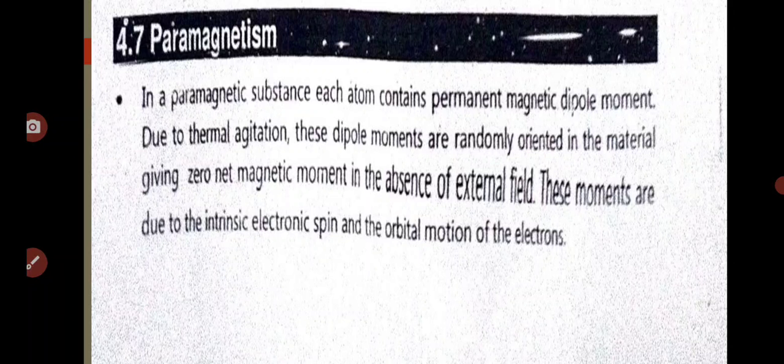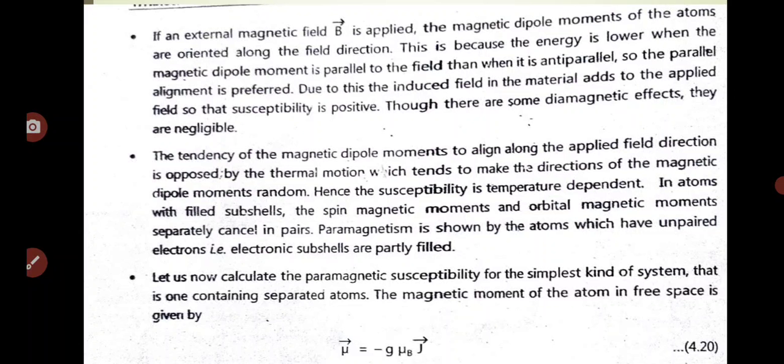So when this substance is placed in the external magnetic field, it shows weak attraction. If we place the external magnetic field B bar, the magnetic dipole moments of the atoms are oriented along the field direction.